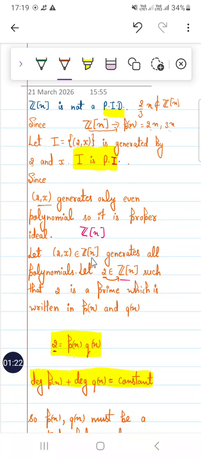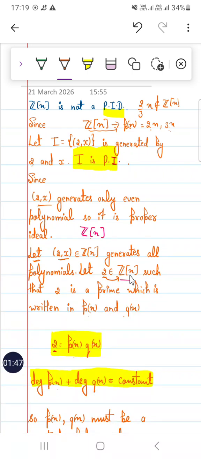Let <2, x> in Z[x]. Firstly, suppose it is generated by a single polynomial, so it generates all the polynomials. Then 2 is in Z[x], so 2 is written as a product of p(x) and q(x).